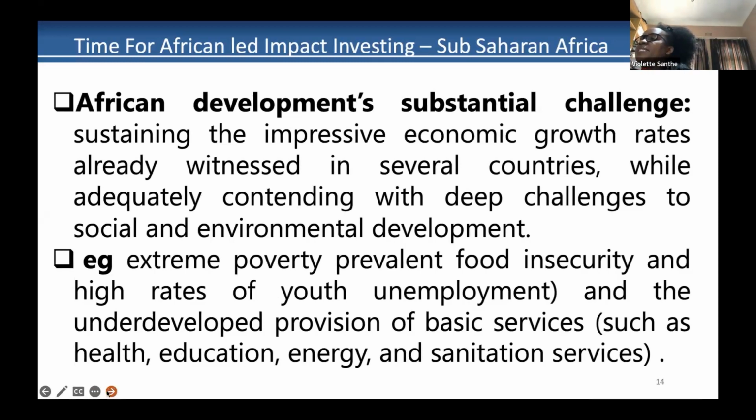So the growth is estimated to peak at 3.7% and 3.9% in 2024 and 2025 respectively. The slow recovery of per capita income growth at 1.2%, and next year, and in 2025 at 1.4%, still falls short of the region's accelerated pre-pandemic poverty reduction path.